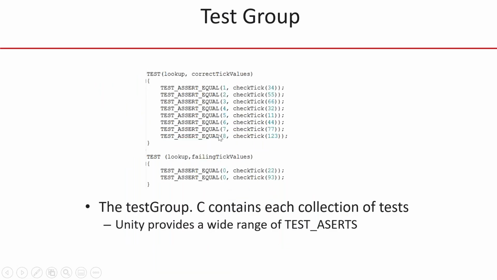And then in our test cases, we have a bunch of asserts. So here we're comparing the return from a function to a pre-calculated value. So we can have pass or fail on that. And there's a wide range of these asserts available. Or we could compare a variable to a global variable or a local as well. So this is quite flexible, and it's very quick and easy to generate.